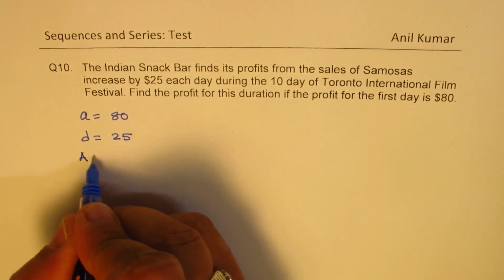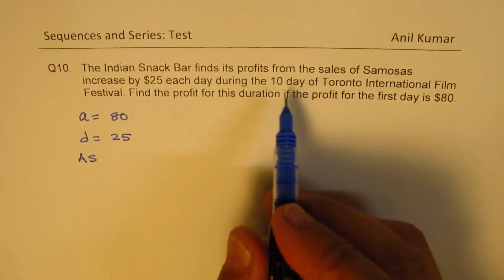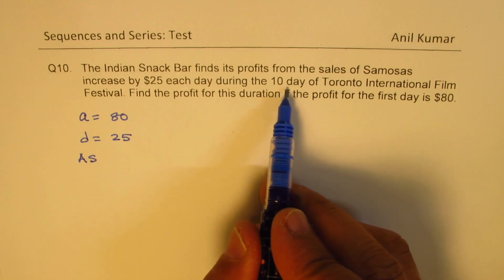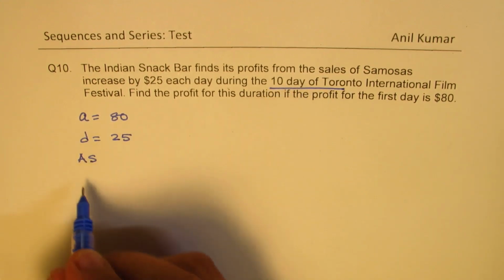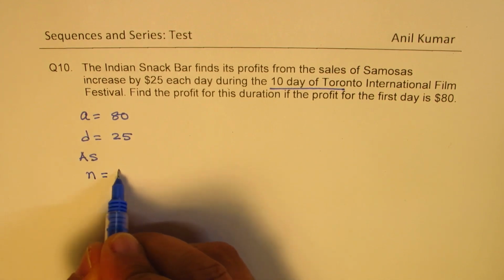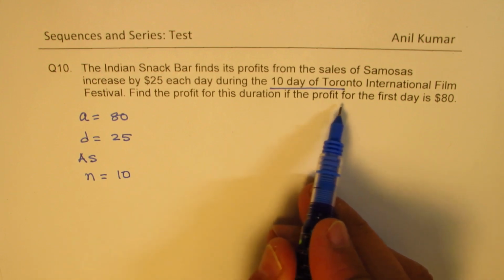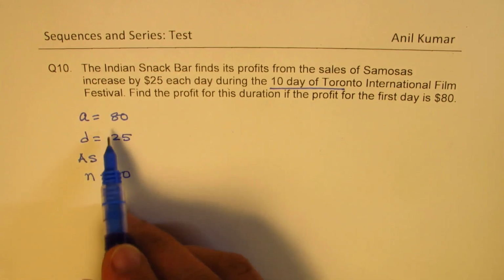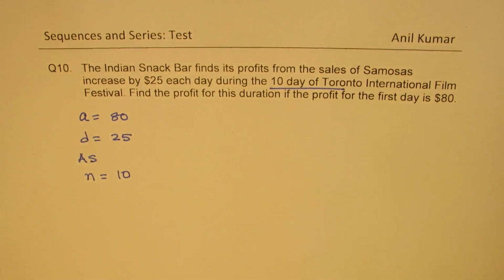So basically we are working on an arithmetic series, right? And now we know that the total number of terms is 10 since it is for 10 days, right? So we know n is equal to 10. We need to find the profit for this duration. So the profit for n days will be S of 10, correct?